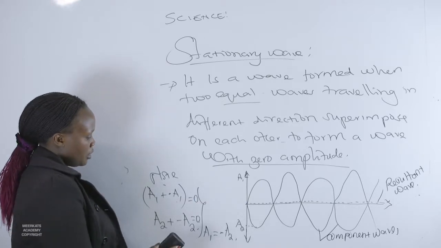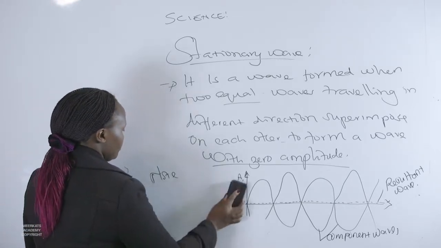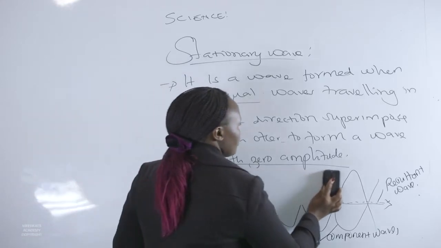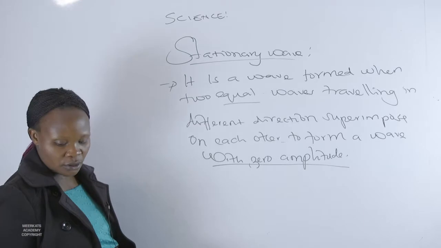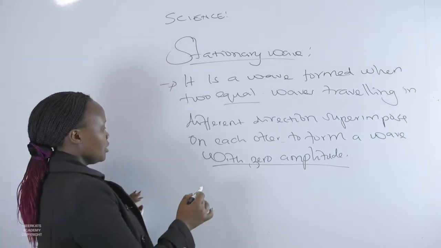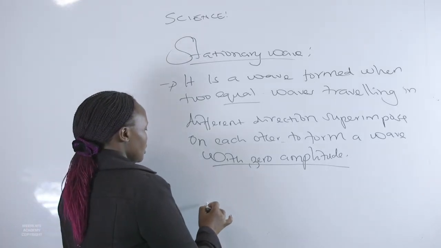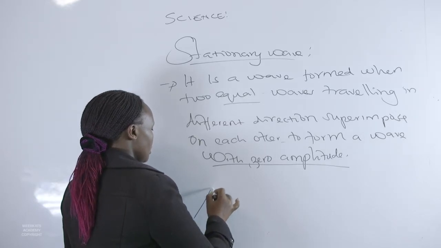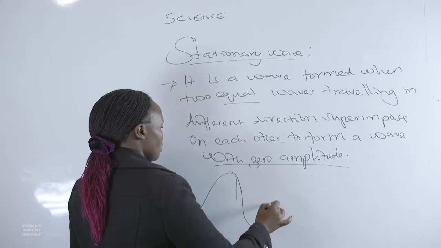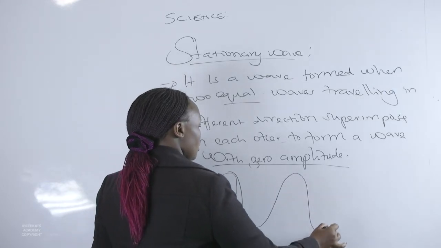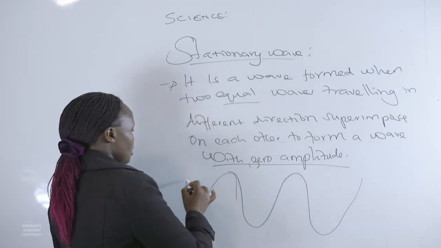Now, clearly, if we could draw the waves and remove the axis, we have something like that.